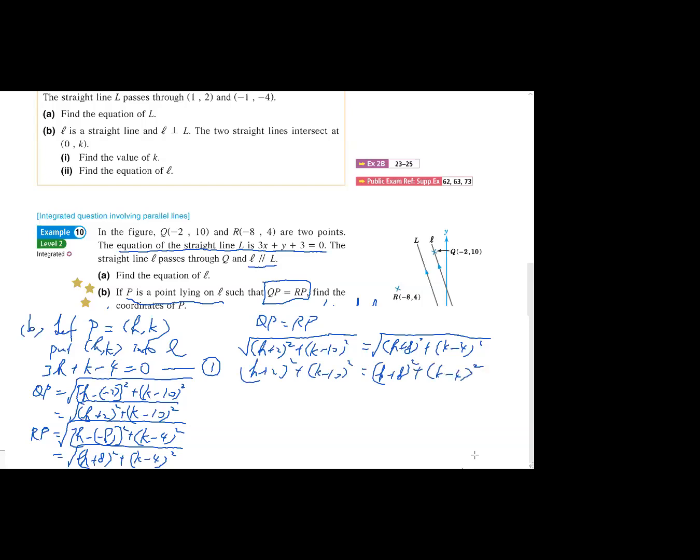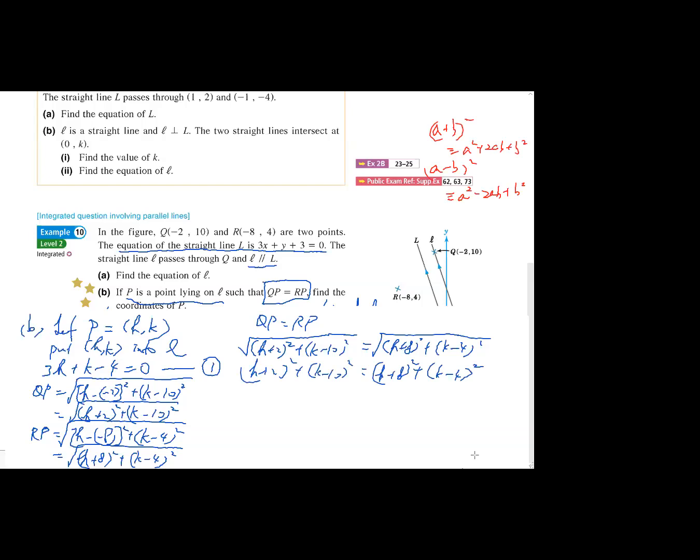Okay? So after cancelling the square root, we can expand the bracket using the two identities. If you have (a plus b) square, it becomes a square plus 2ab plus b square. If you have (a minus b) bracket square, you have a square minus 2ab plus b square. Okay?